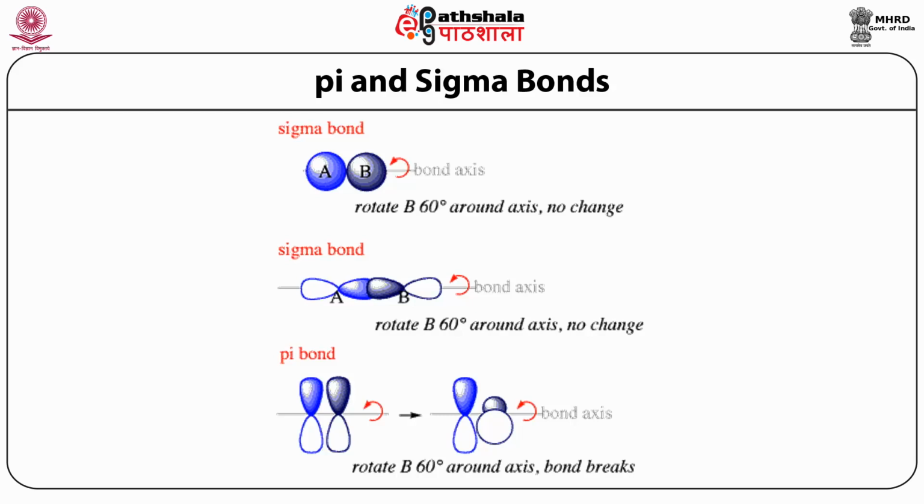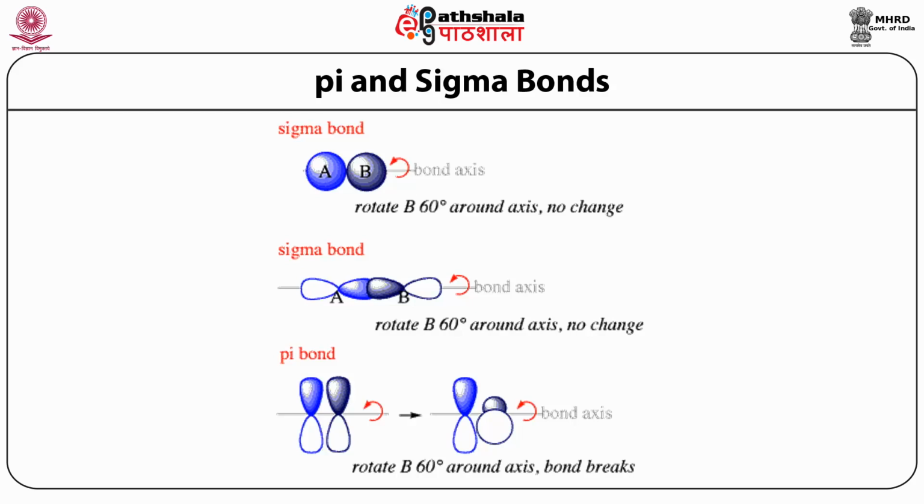This we have discussed earlier. And sigma bonds are the strongest type of covalent chemical bond. The robustness of the sigma bond comes from the fact that if two atoms are connected by a sigma bond, rotating one of the atoms around the bond axis doesn't break the bond, as shown in this figure.